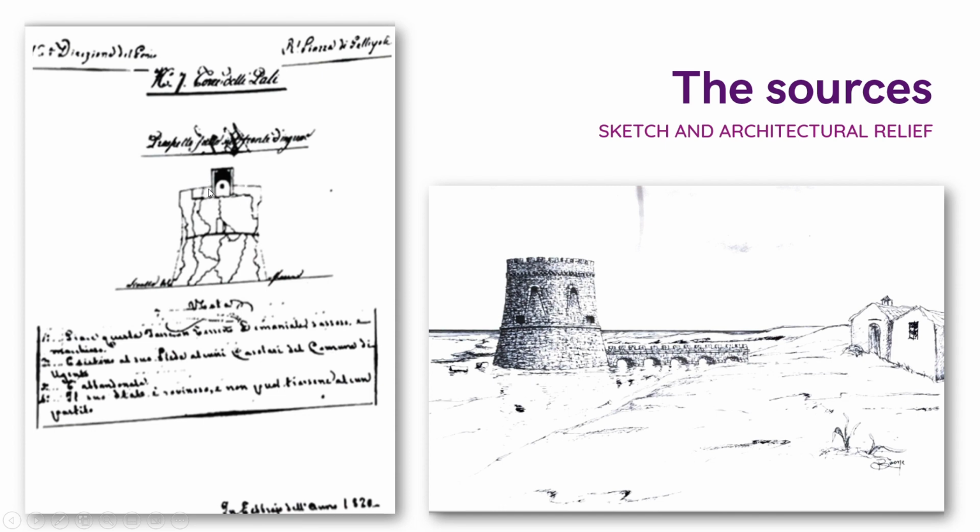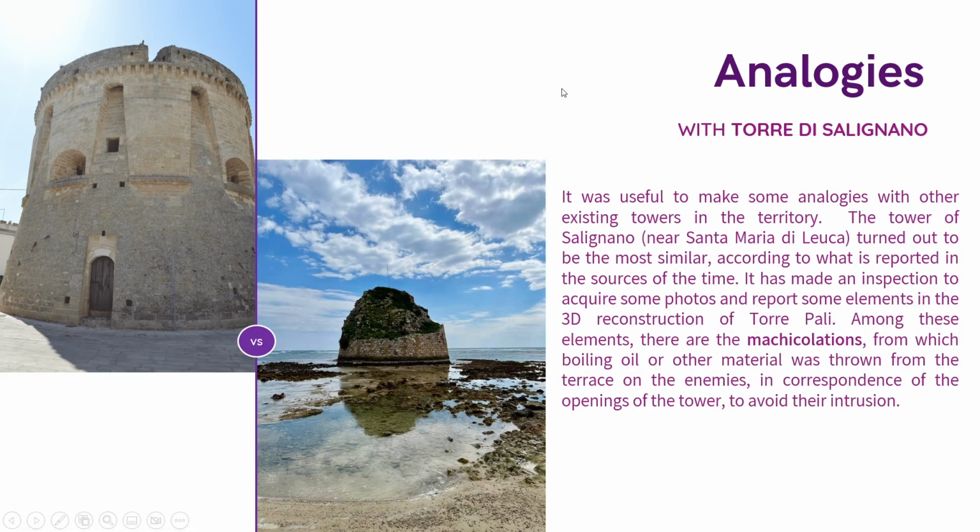In particular, the closest tower was found to be the Tower of Salignano, another village near Santa Maria di Leuca. We can see some similarities referring to the basic elements such as the machicolations, louvers and the organization of the terrace, with the corbelled moldings along the perimeter.